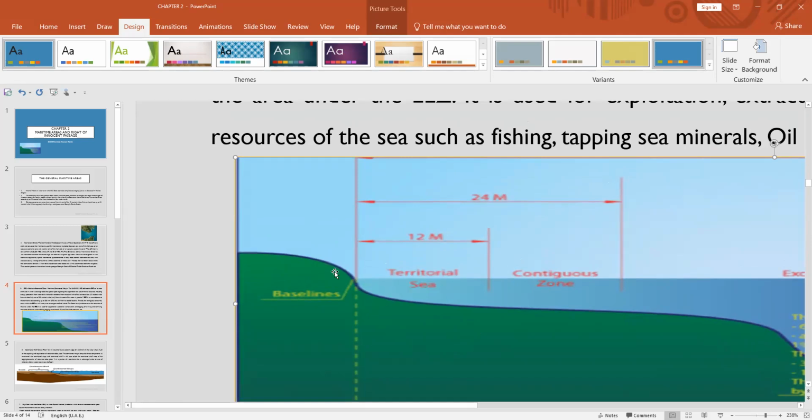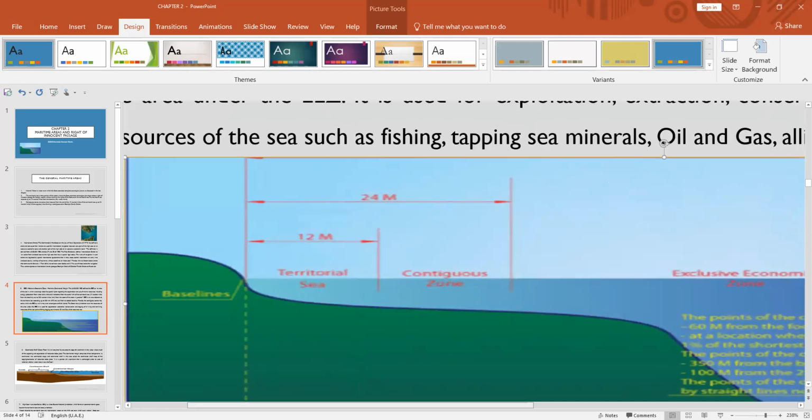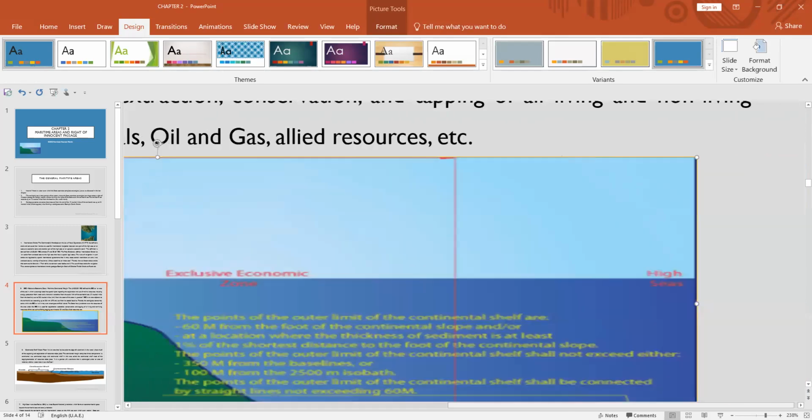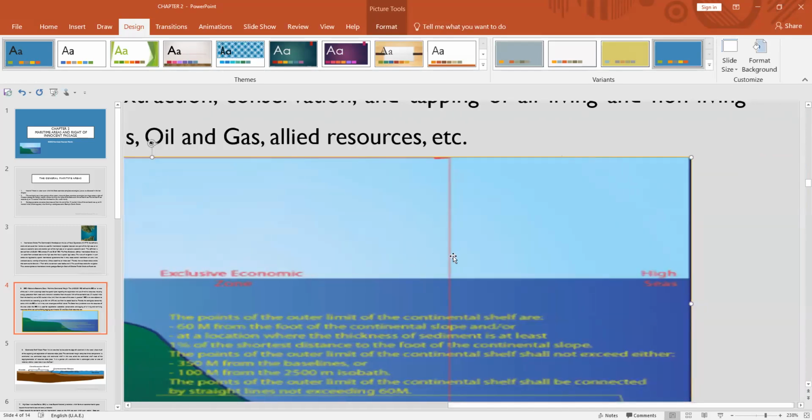From the baseline, 24 nautical miles would be considered the contiguous zone. So within the contiguous zone comes the territorial sea. Now, beyond the contiguous zone extends the area of the exclusive economic zone. Do you see that? After the economic zone come the high seas.